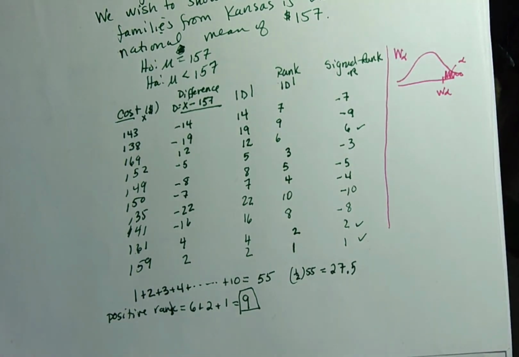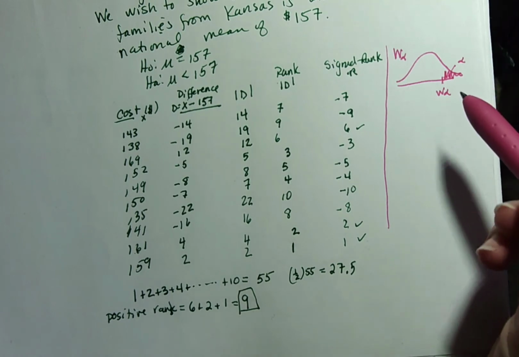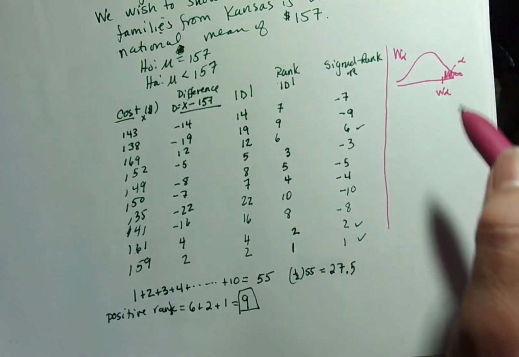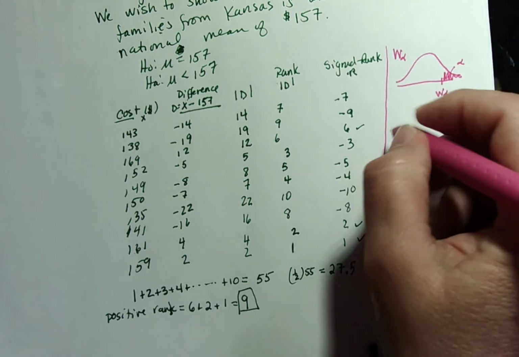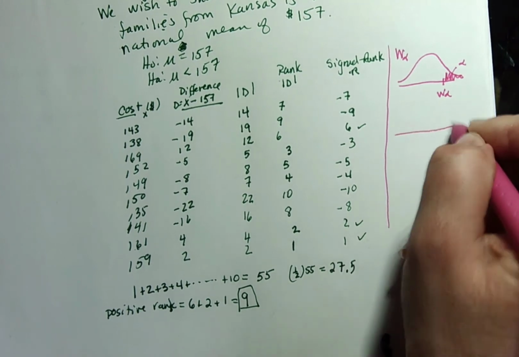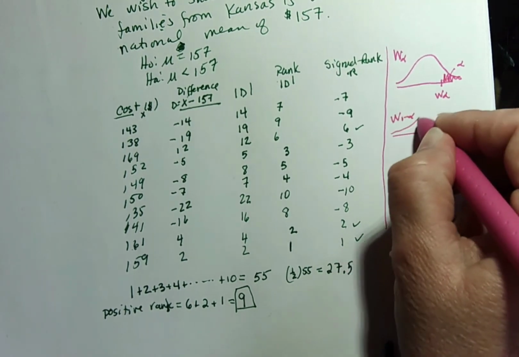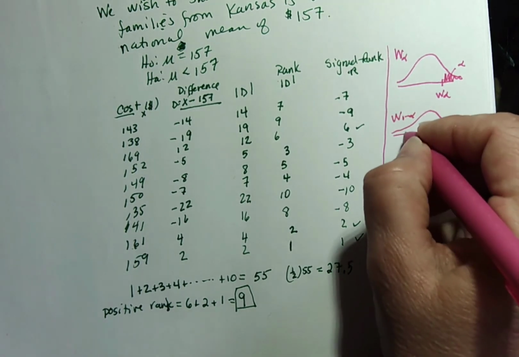Now, we have to get these numbers from a table, a special table, and it's in the back of most introductory stat books, so that we can get this quote-unquote critical value. If I'm on a left-tailed test, like the one that I'm in here, I'm looking for this.